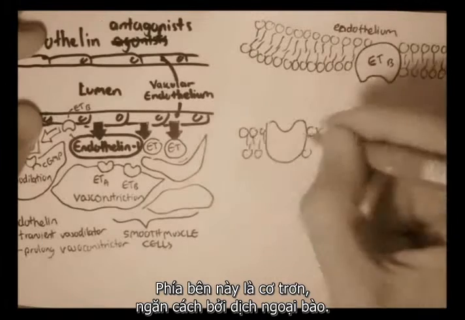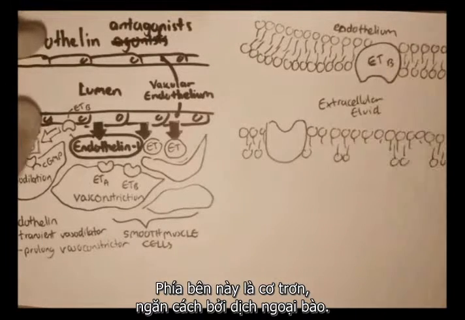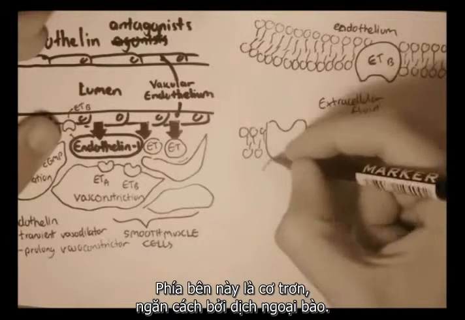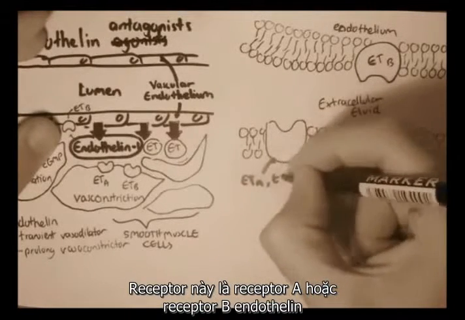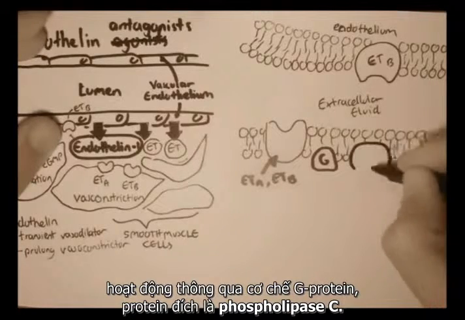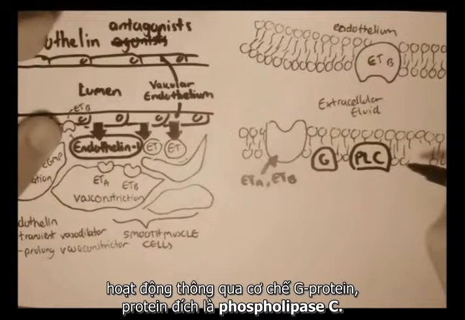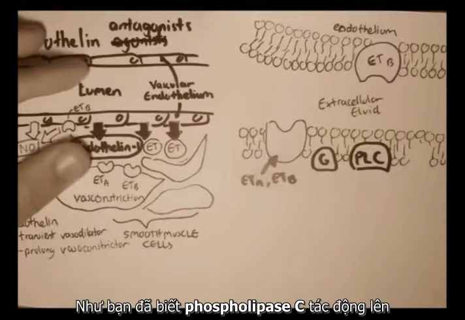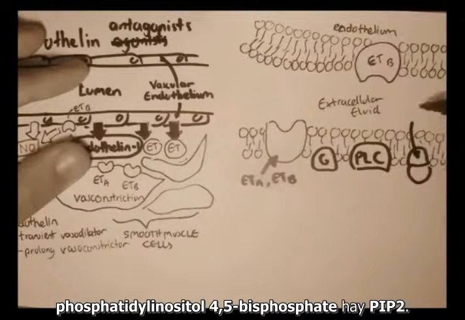On the other side we have the smooth muscles, separated by extracellular fluid, and this receptor is the endothelin A or endothelin B receptor. It works through a G protein mechanism, and the target protein is phospholipase C. As you may know, phospholipase C affects phosphatidylinositol 4,5-bisphosphate, or PIP2.